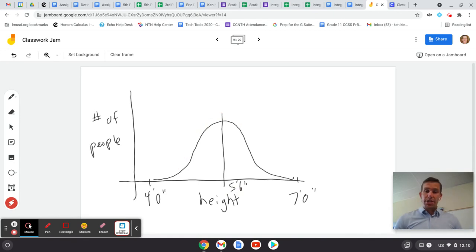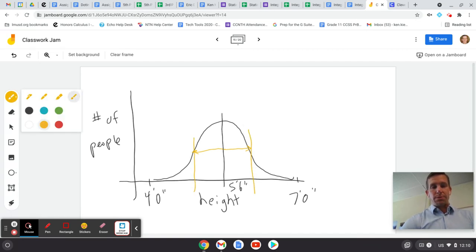So standard deviation is a measure of how far out we need to go from this mean to capture about 68% of the students, or 2/3. So if you go one standard deviation to the left of the mean, or one standard deviation to the right of the mean, and you consider this data right here, you will capture about 68% of all of the students at New Tech.